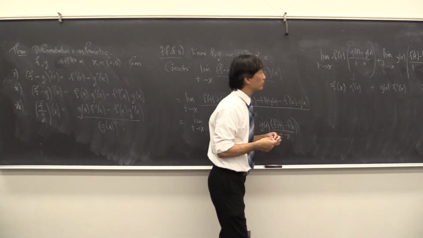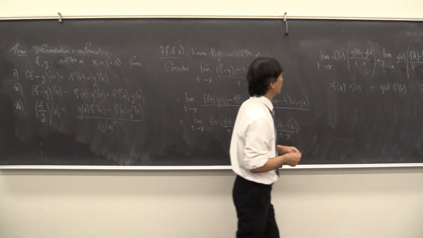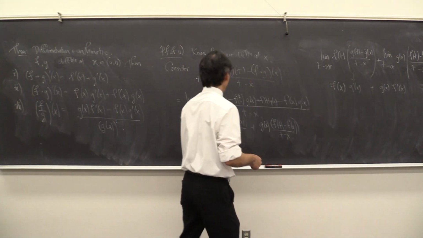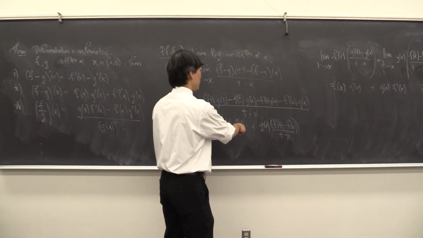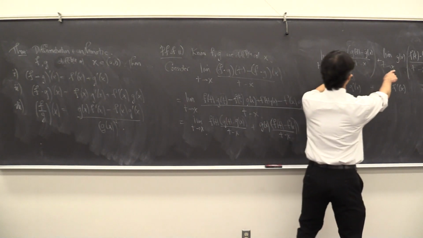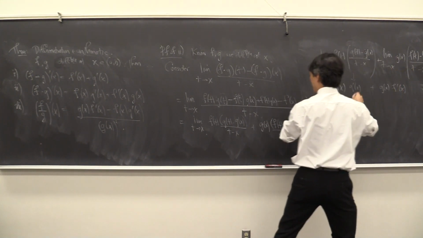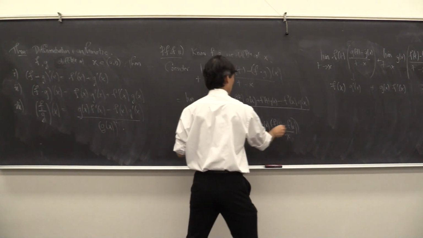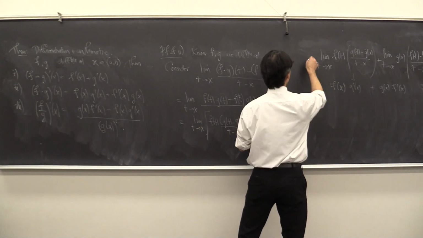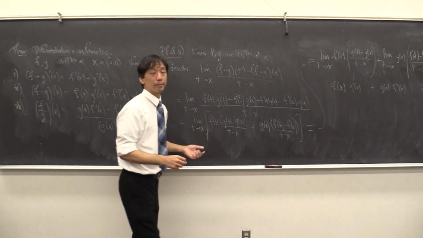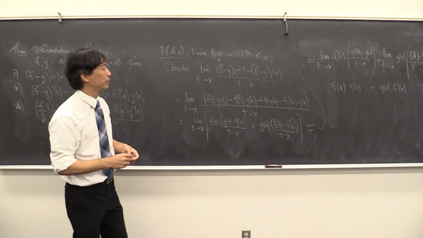We're good. Okay. So these limits exist, and so the sum of the limits equals the limit of the sums. So this thing actually does equal this thing.